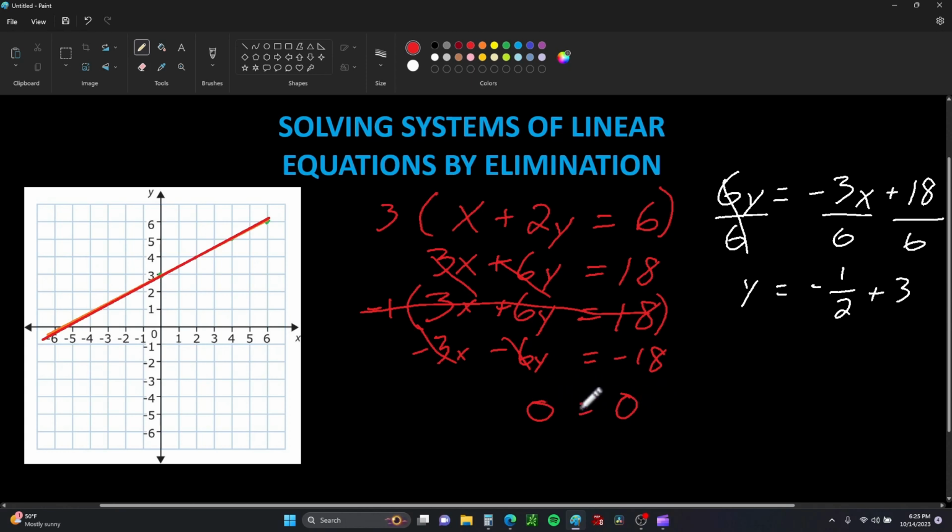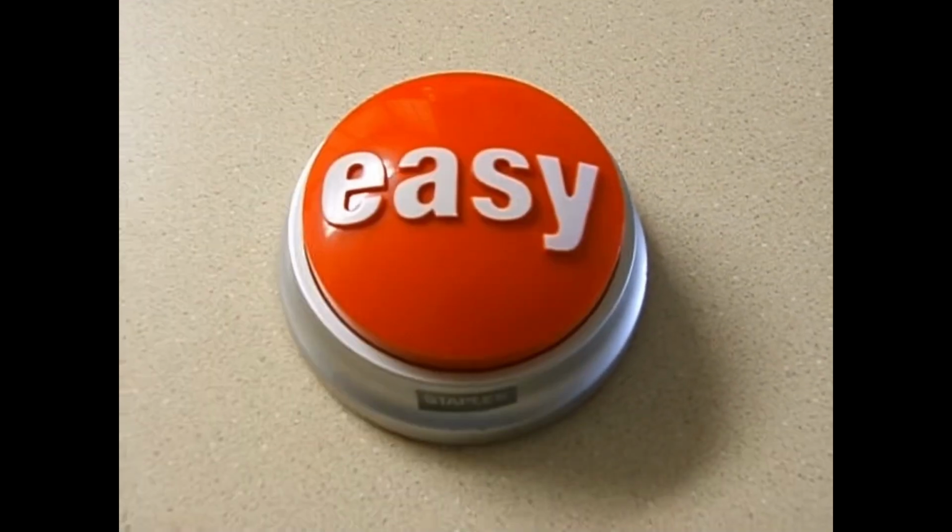So when you see 0 equals 0, it's infinite. When you see something like this, there are no solutions. So this one's infinite, and this one is no solutions. That was easy.